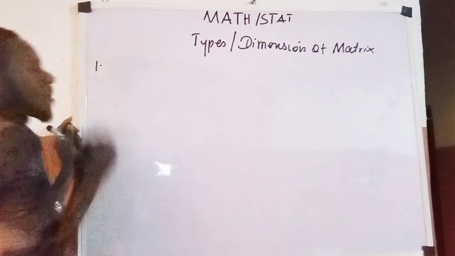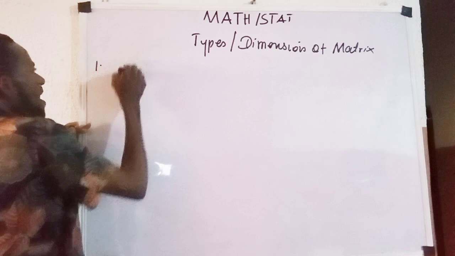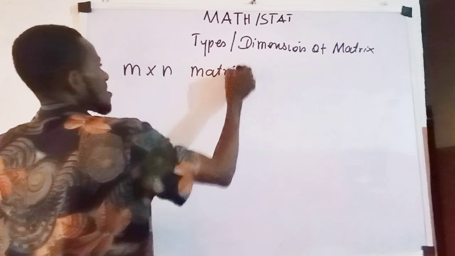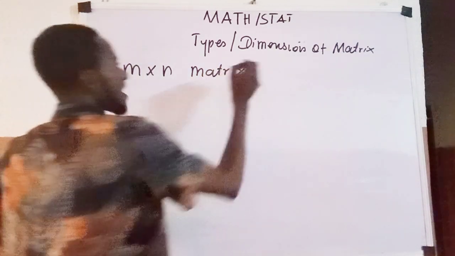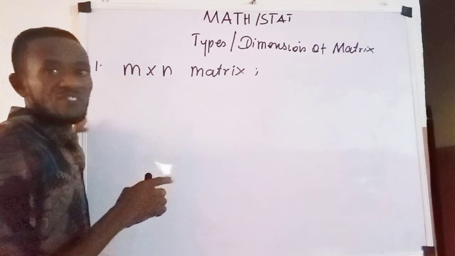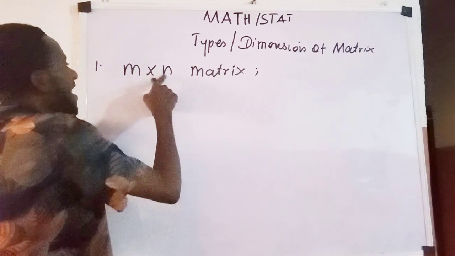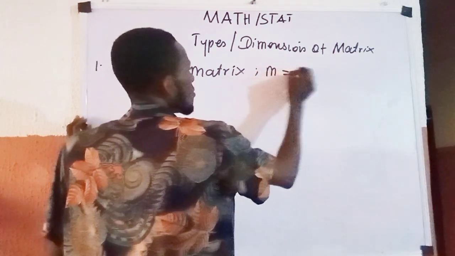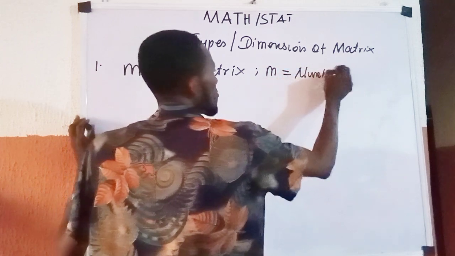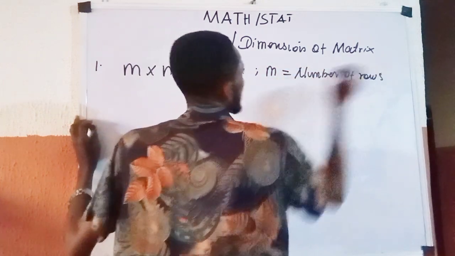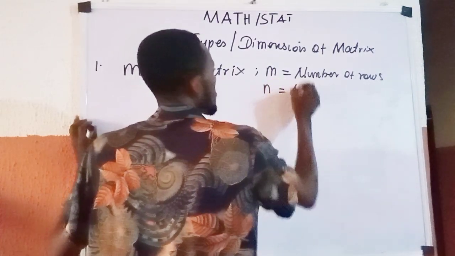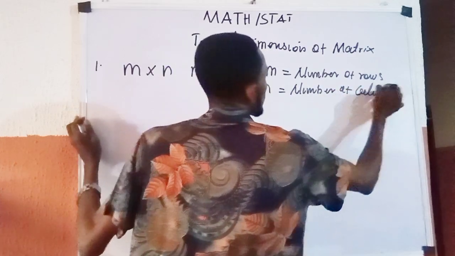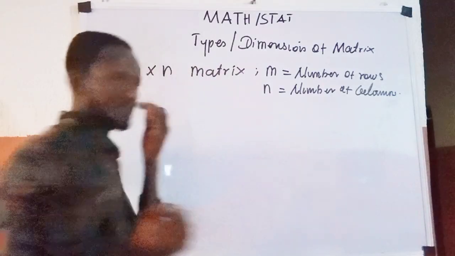Then let me say I have number one, what we call an M by N matrix, where M stands for the number of rows and N stands for the number of columns. Okay?